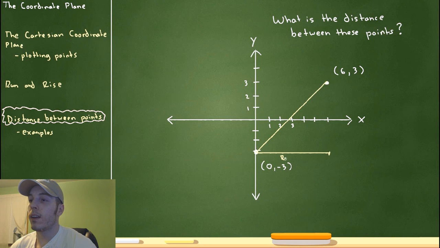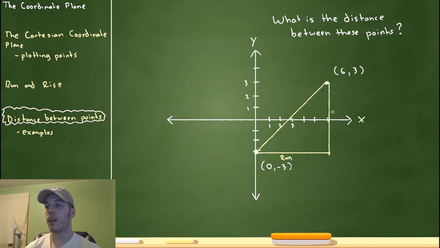So this is my run, and I know it's equal to 6, but we'll find that in a moment. Now, what is my rise? Let me draw the rise over here. My rise would be from there to there. Okay, so this would be my rise.